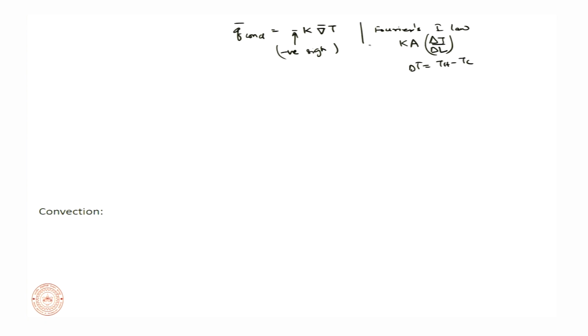So we take the temperature difference as Th minus Tc. It is from the higher temperature to the lower temperature, because heat is transferred from higher temperature to lower temperature, and we indicate the direction in that way.